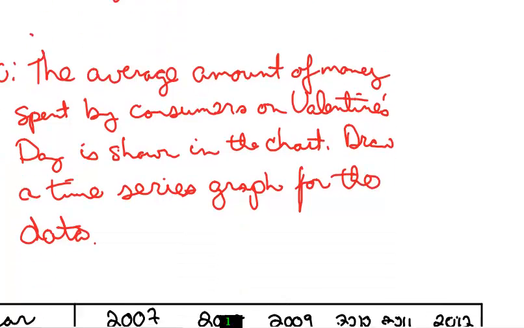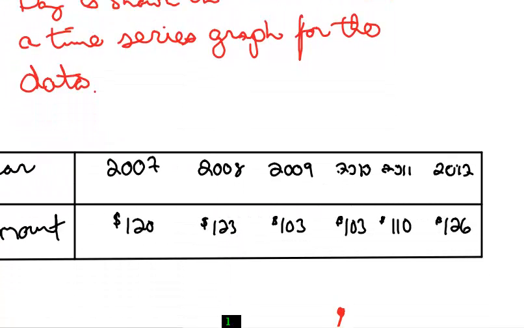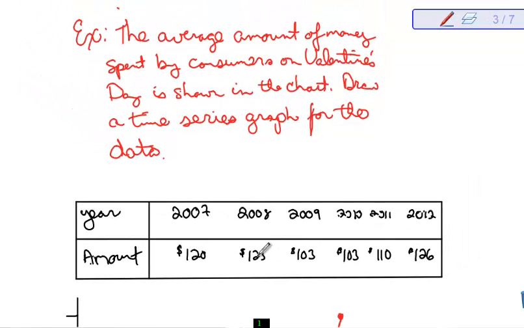So let's look at an example. The average amount of money spent by consumers on Valentine's Day is shown in the chart. Draw a time series graph for the data. So we have the data for 2007 through 2012. So in 2007, on average, people spent $120 on Valentine's Day.